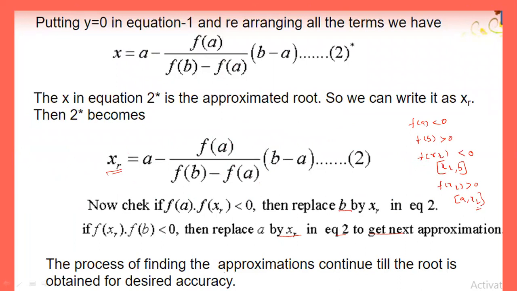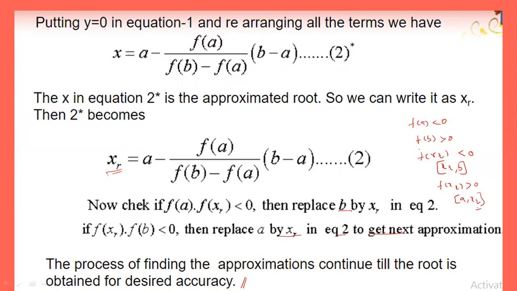The process of finding the approximations continues till the root is obtained to the desired accuracy. Suppose after a and b you got the x1 value. Find f(x1). If f(x1) is less than 0, then the root lies between x1 and b. If f(x1) is greater than 0, then the root lies between a and x1.